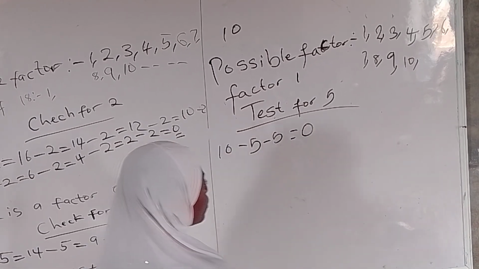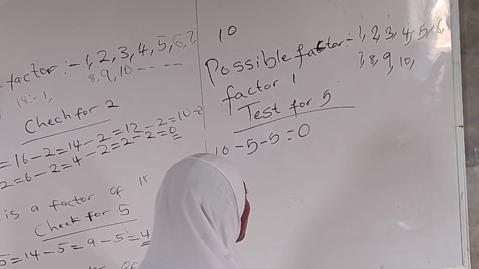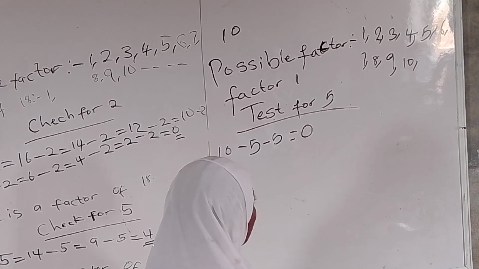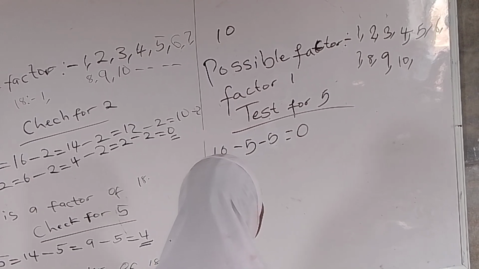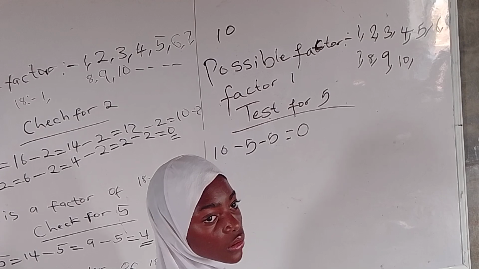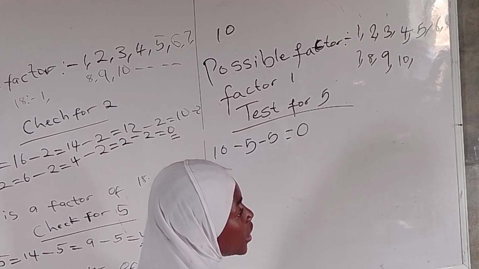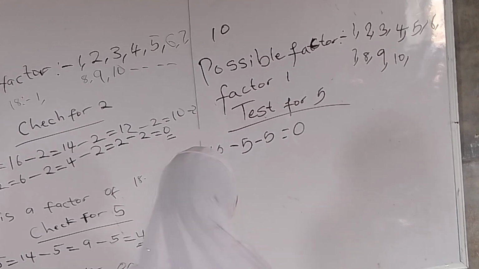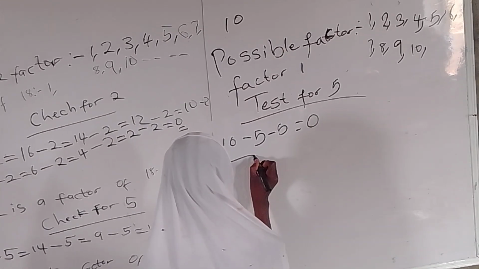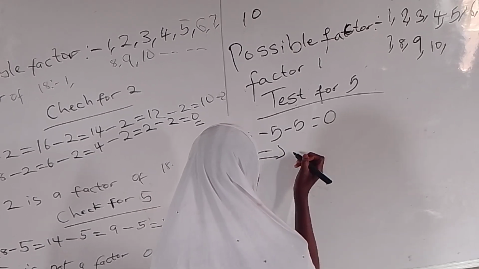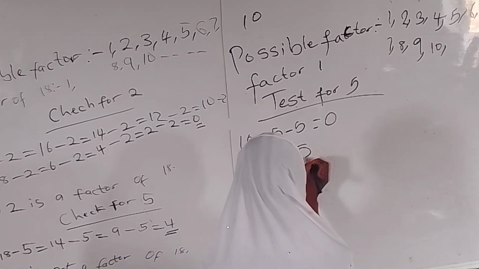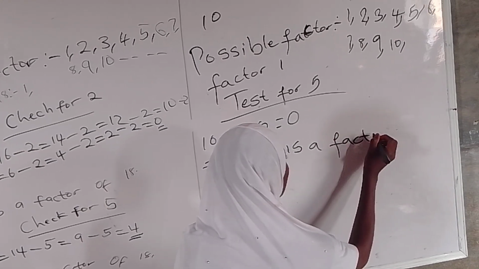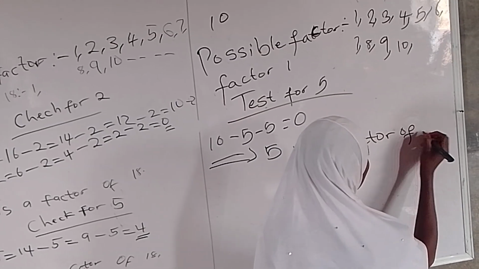Since you get 0, that means that 5 is a factor of 10. This implies 5 is a factor of 10.